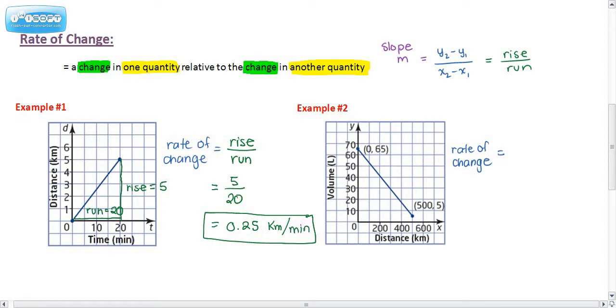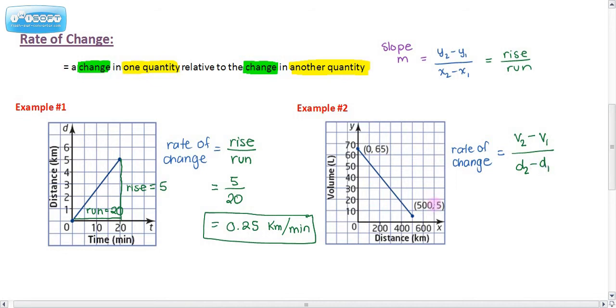So let's apply this to our example 2, where we have volume decreasing as distance increases. So here, if we look at our rate of change, we have our y2, which is our volume 2, minus our volume 1, all over our distance 2 minus our distance 1.